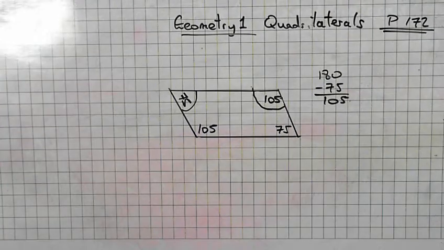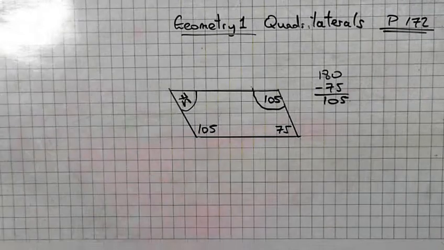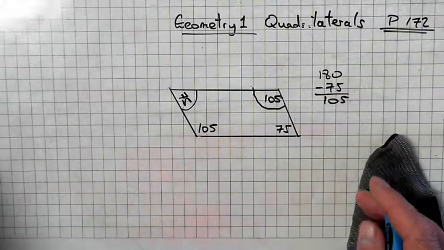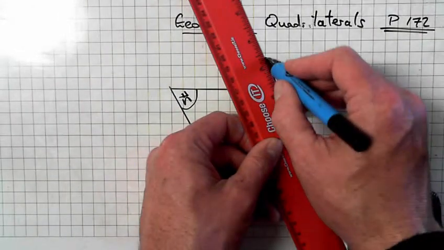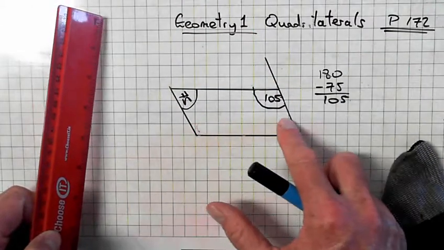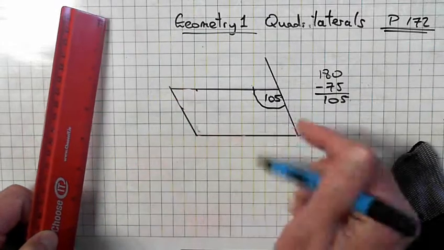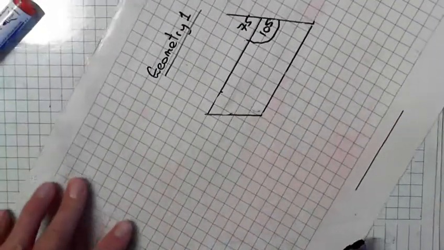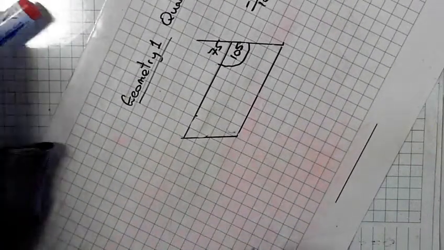So how did that one in the left top corner come to the point? This one? Yeah. You have to spot the Z. Can you see a Z in that shape?